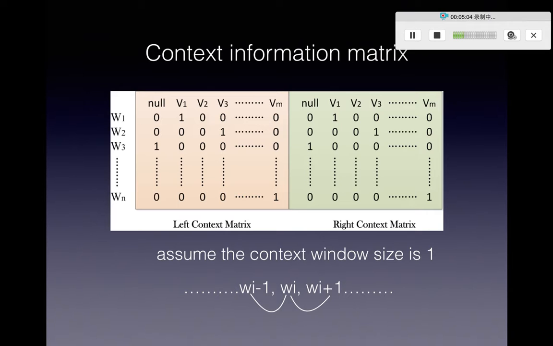If wi minus 1 is equal to vj, then the corresponding position in the left context matrix will be set as 1. If wi plus 1 is equal to vj, then the corresponding position in the right context matrix will be set as 1.